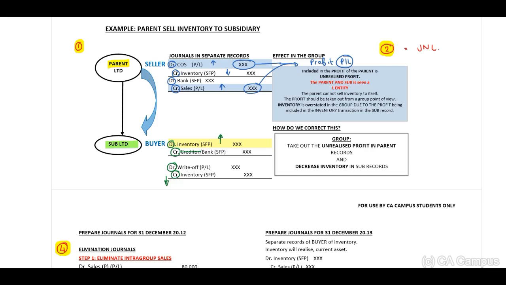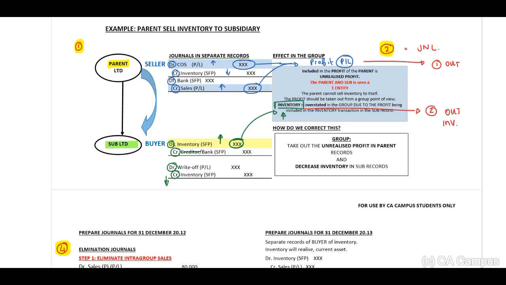In the buyer's records, the buyer will include that unrealized profit in inventory. Therefore, our inventory will be overstated with that profit section. Now, how do we correct this? Number 1, we will have to take out the profit from the profit and loss of our parent. And number 2, we will have to take out our inventory portion.